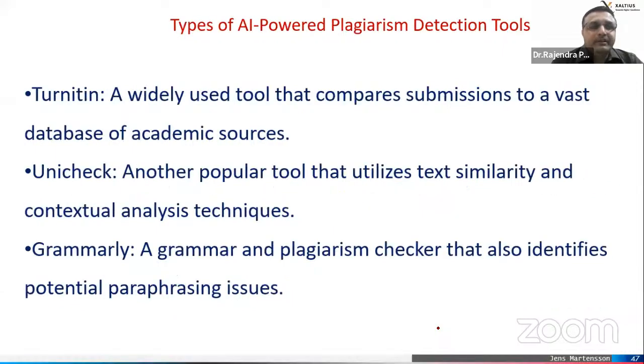The tools you know include Turnitin, which is widely used and compares submissions. Nowadays many colleges have licenses, and Turnitin has also enabled AI features. Then Unicheck, another tool that utilizes text similarity. Then Grammarly, which you are of course using for sentence rephrasing. QuillBot is also used for the same purpose.